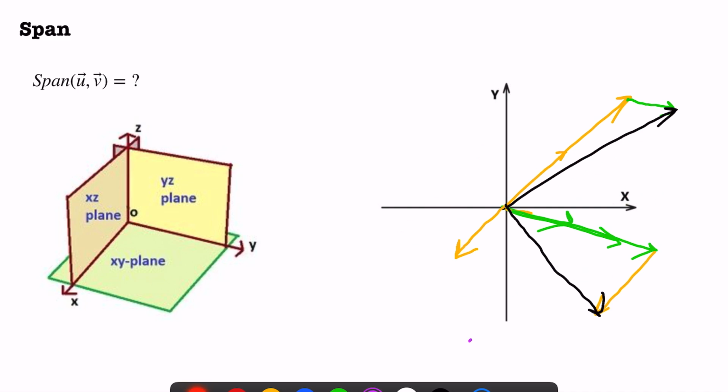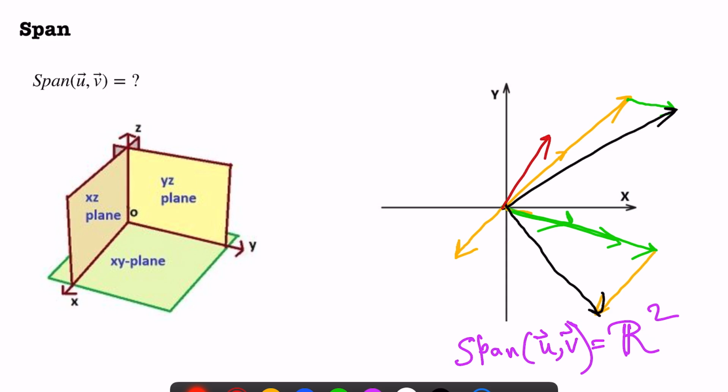So if we take any two vectors in this plane, the span of these two vectors will be this R2 plane. There will be one exception if two vectors fall on the same line. If the first vector is this one and the second vector is this one, then both fall on the same line, right?